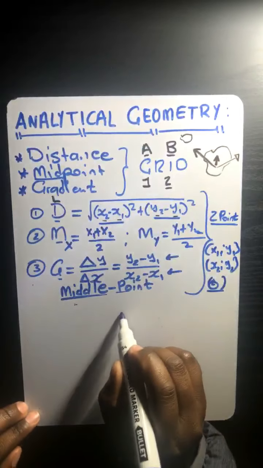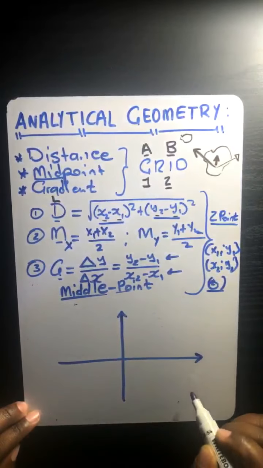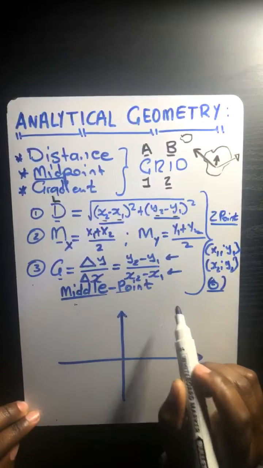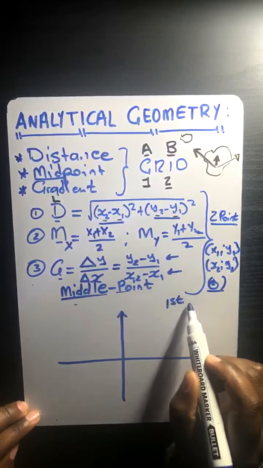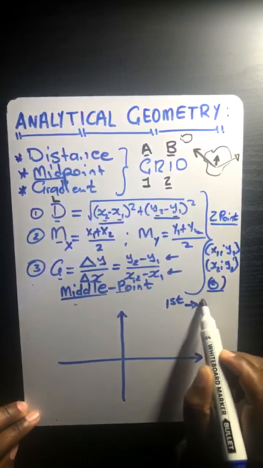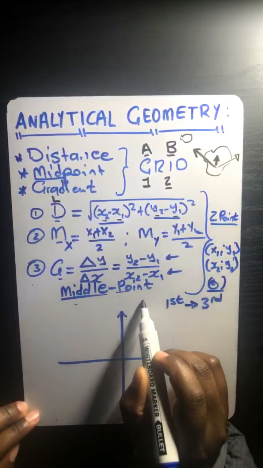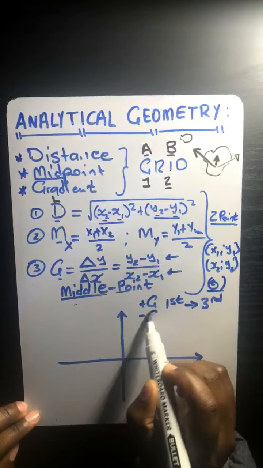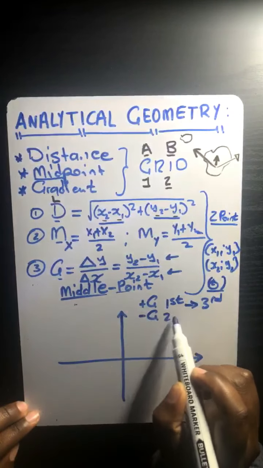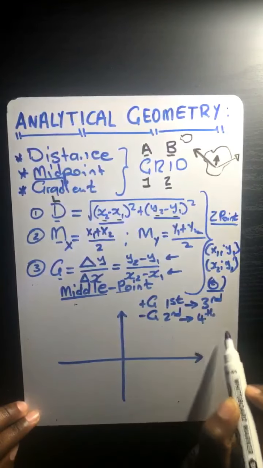We said this is a Cartesian plane. So a line, let's say, that starts in the first and goes to the third quadrant has a positive gradient. But the one with a negative gradient is the one from the second quadrant going to the fourth quadrant.